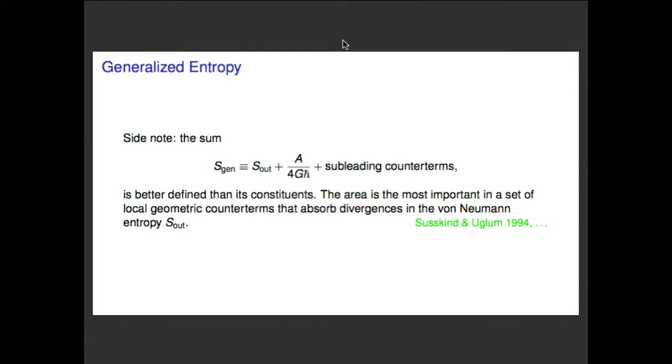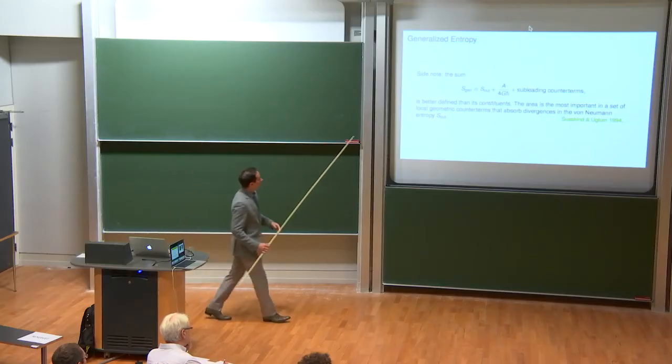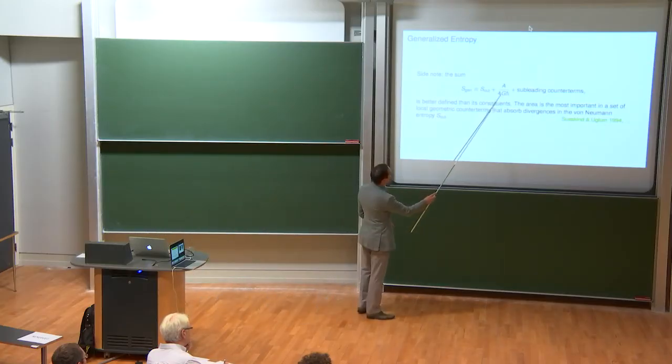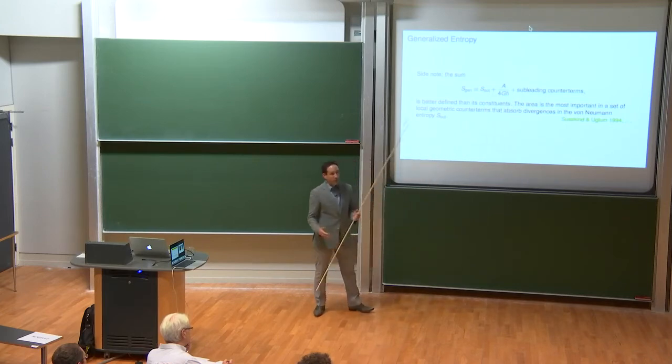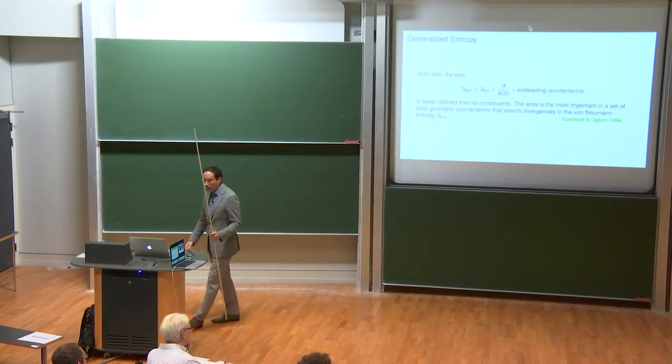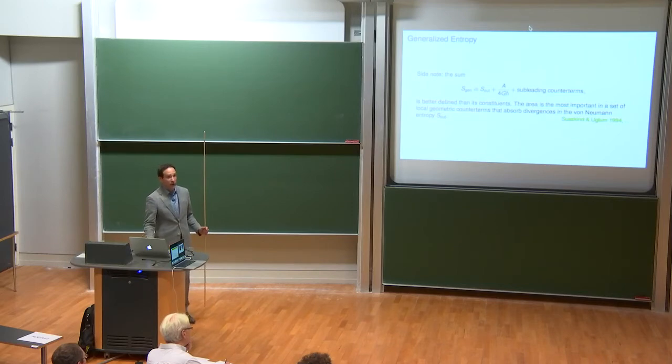And so you can think of this as a counter term that cancels this. Right? This term depends on Newton's constant, which also has an RG flow. And from what we can see, the area is just the first of several geometric local counter terms that make the generalized entropy finite and not sensitive to the cutoff.